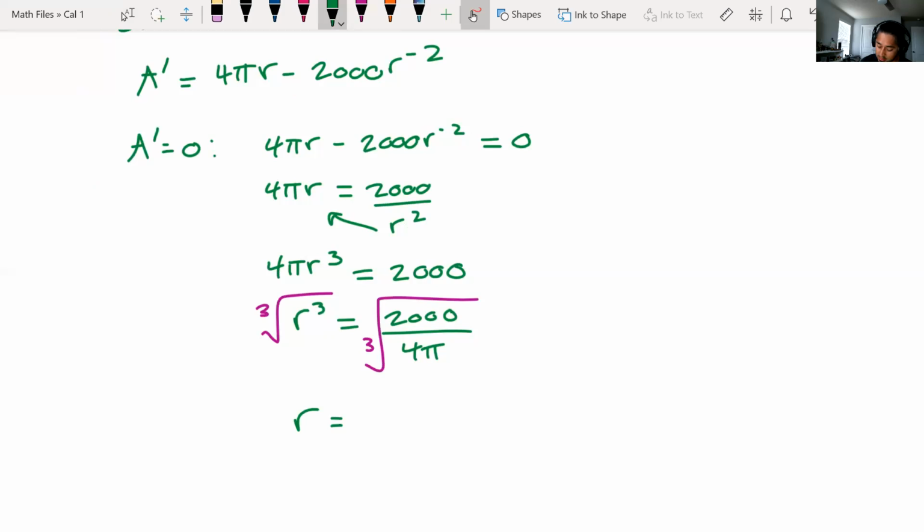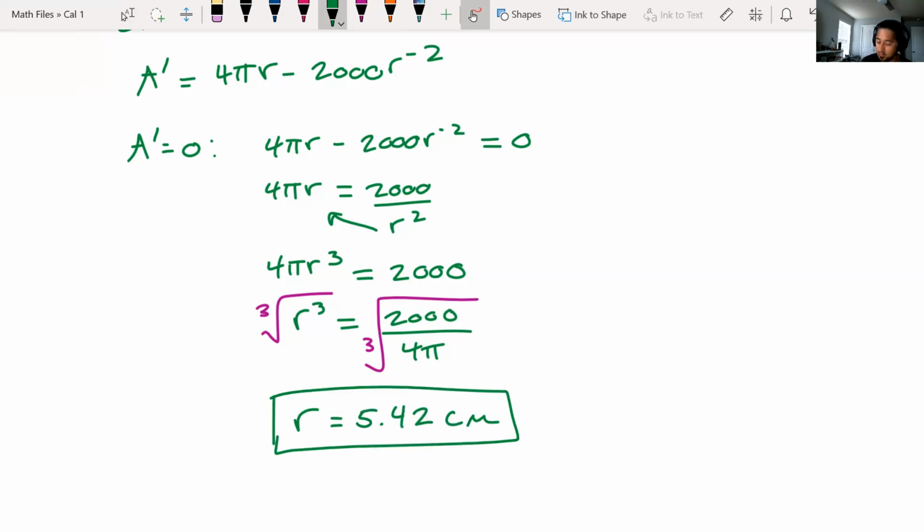And we get 5.419 or 5.42 centimeters. Okay, so in order to minimize the surface area of the can, the radius of the can needs to be 5.42 centimeters. And all we have left to do is find the height.